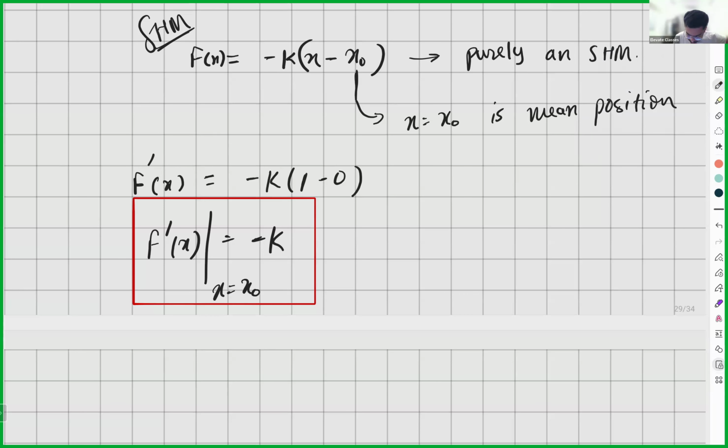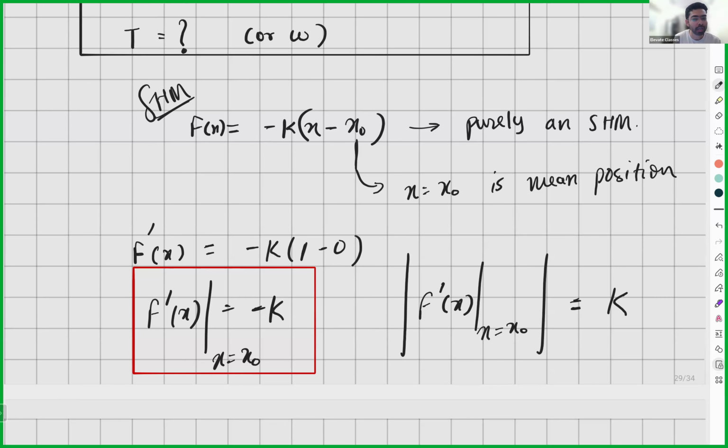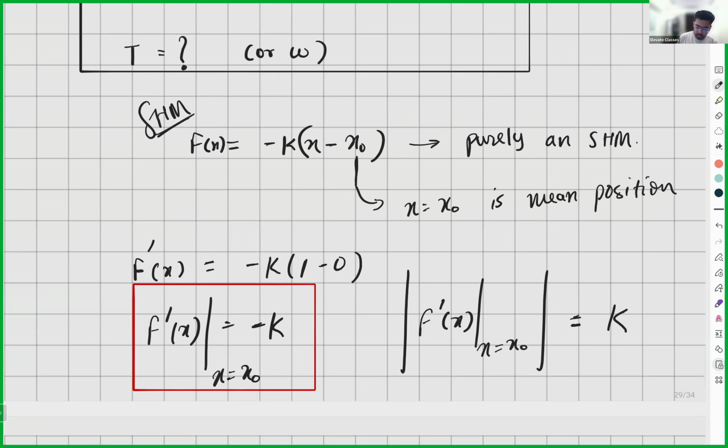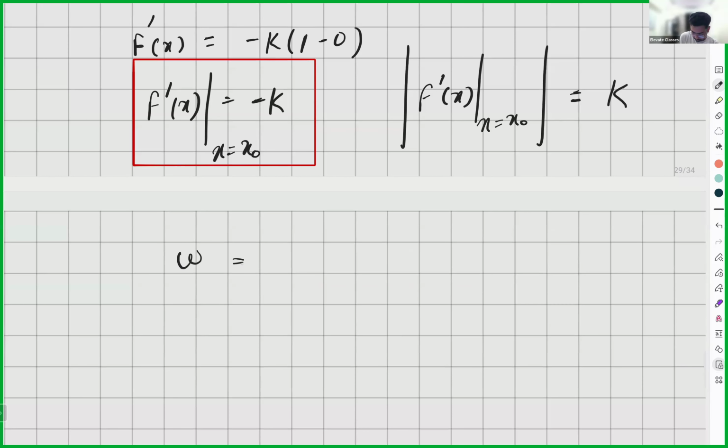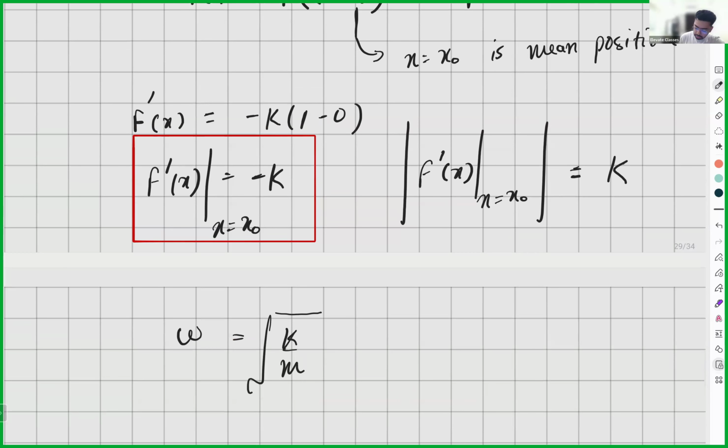If I take the modulus of the first derivative of force at x equal to x naught, this will give me k. So this is how you get k. All right, then you can directly write what the angular frequency of the system is, be it small oscillation or be it any kind of system.